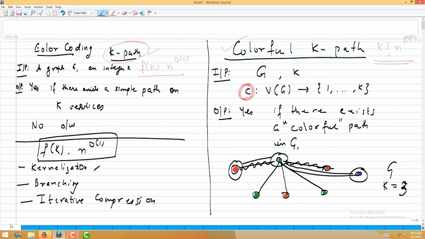If it outputs yes, I output yes and I stop. If it outputs no, I repeat it: compute a new coloring uniformly at random and run it again. I do this e power k times. What is the probability that the algorithm would have said no in all the iterations?